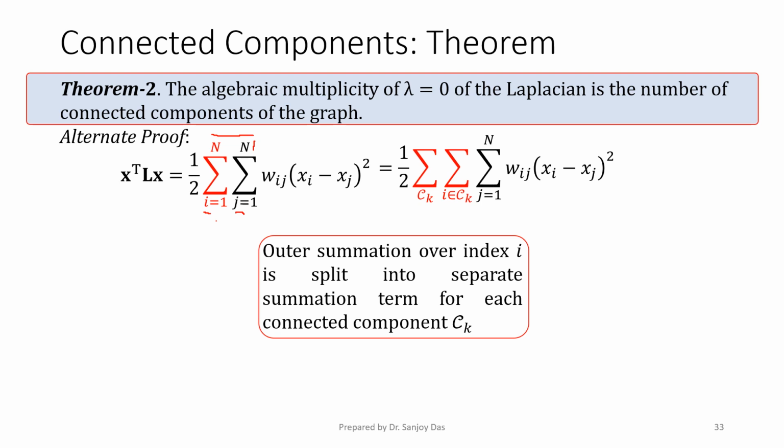What I've done is I've taken the first summation, the outer summation over i, and divided it into two separate summations. This summation is over all connected components, and then the second summation here is over all vertices within that connected component Ck.